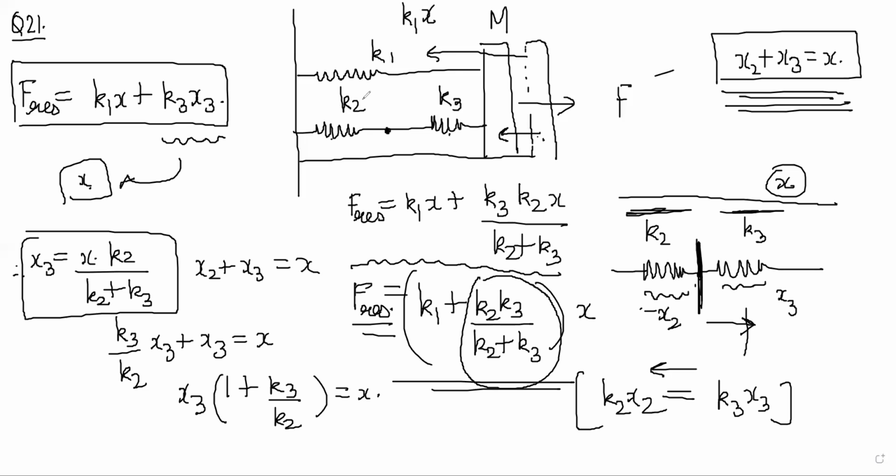When you replace it with K2 K3 by K2 plus K3, you have two springs which were in parallel, and that time it gets added, just like in series connection of resistors. So K equivalent can be obtained by doing the opposite of what you would do if they were resistors. When it is in parallel, you add, and when it is in series, you do 1 by R1 plus 1 by R2.